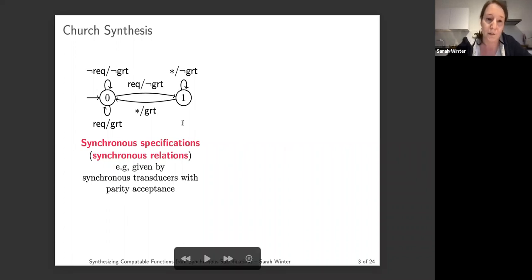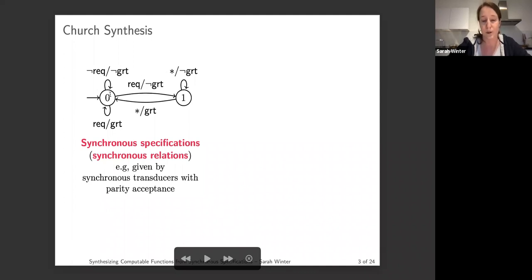And here, this is a simple specification. It specifies that every request that is made should be eventually granted. So the goal is to infinitely often visit this starting state here, and only finitely often see the state here on the right-hand side.